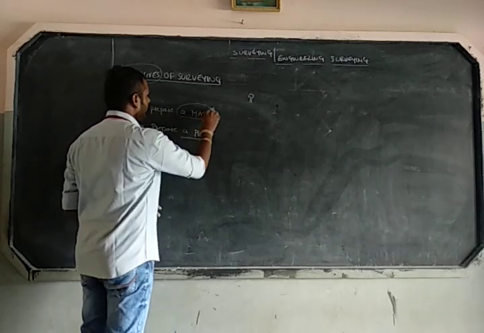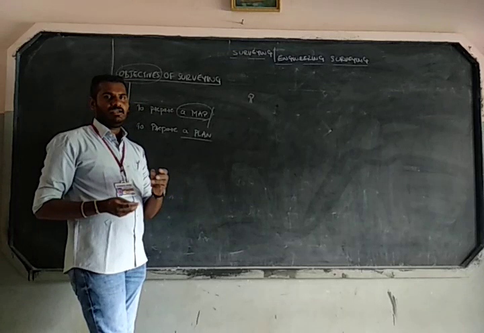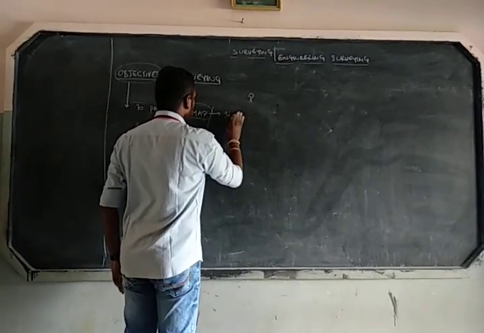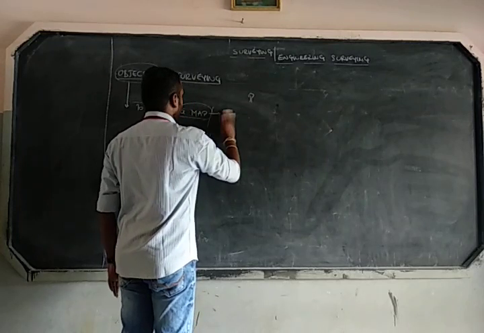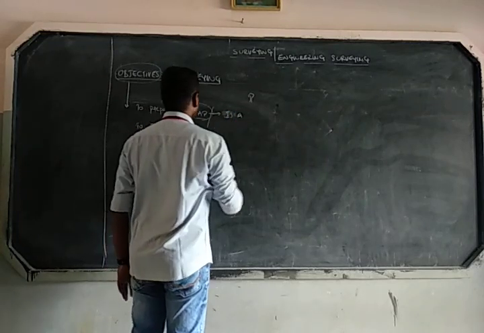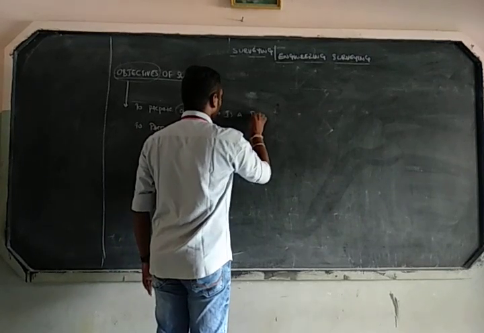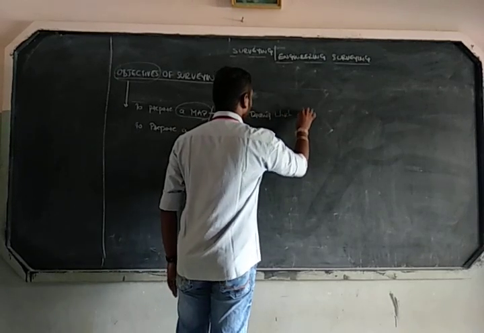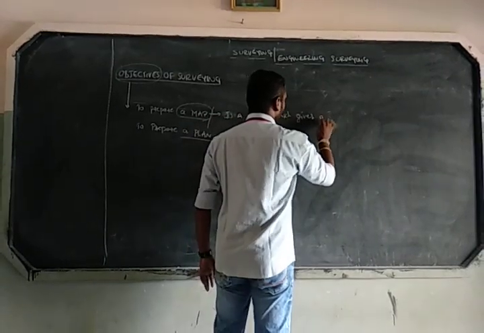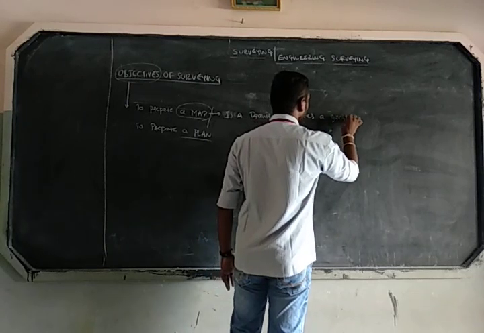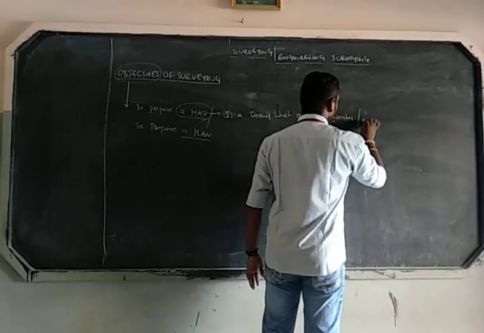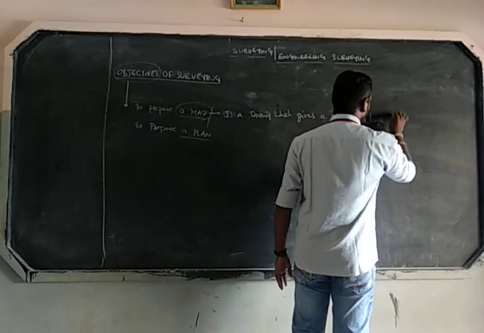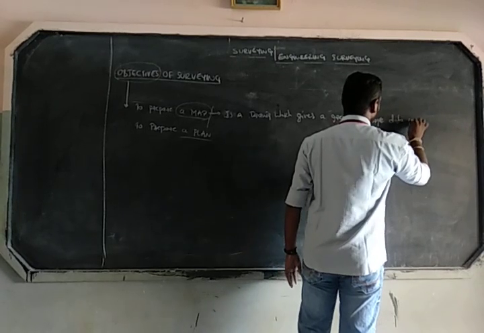A map is something where, simply I would like to tell you, a map is a drawing which gives a large amount of data information.